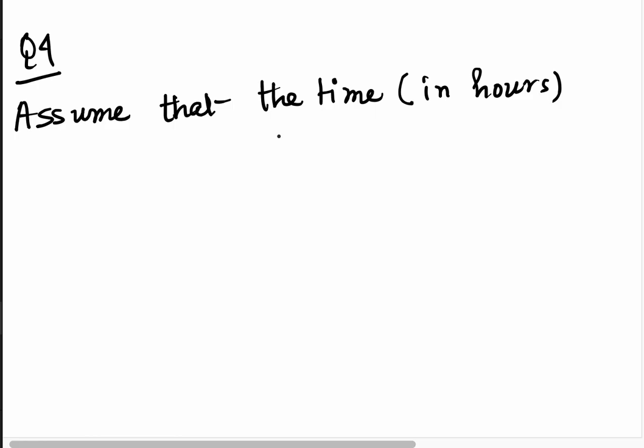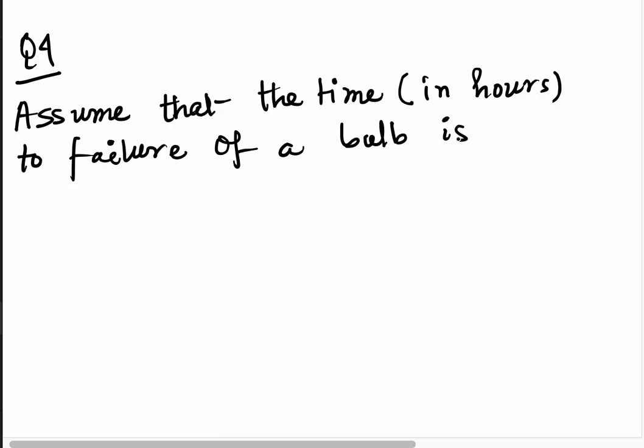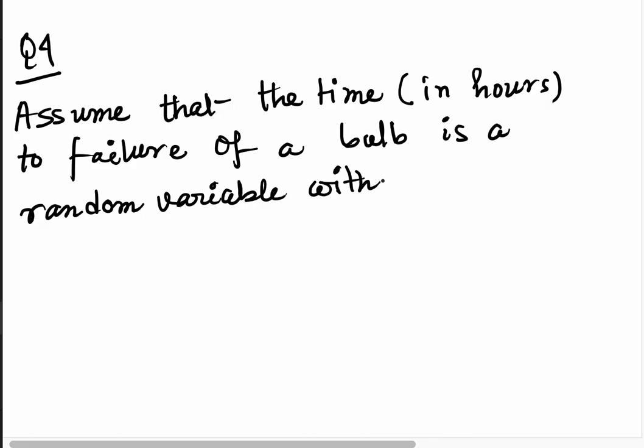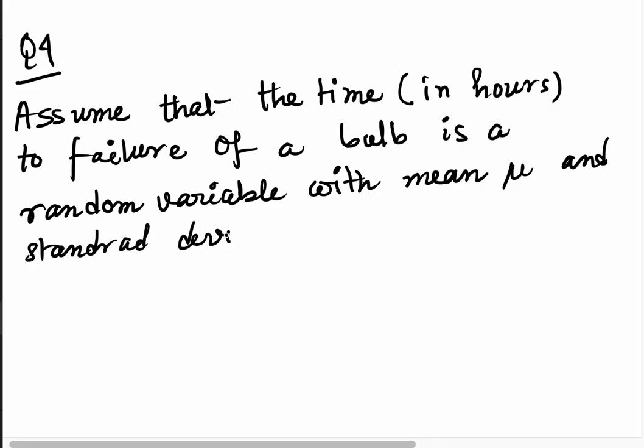Assume that the time in hours to failure of a bulb is a random variable with mean mu and standard deviation eight.